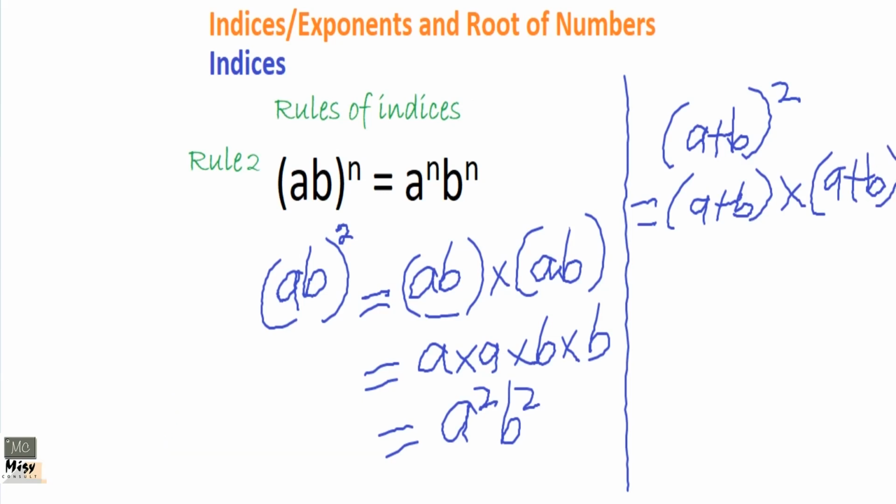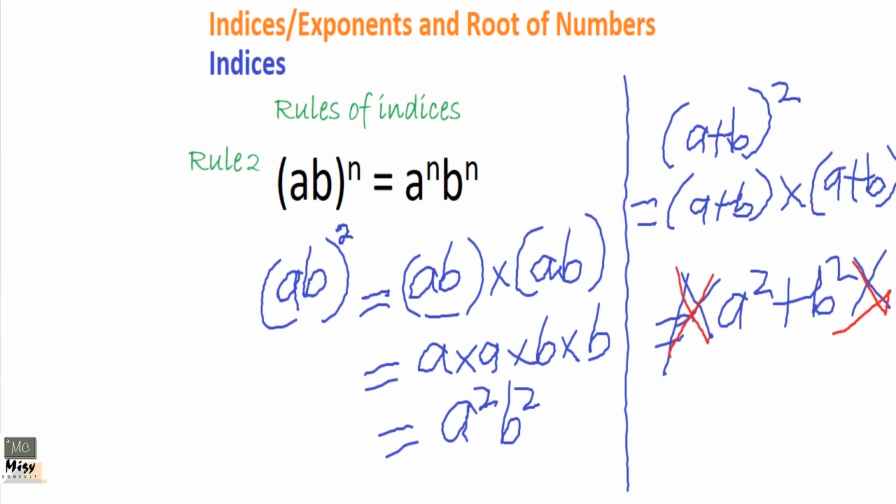So you realize that the answer will be different from if you just put it on top of them. So it is not a squared plus b squared. No, please, it is wrong. This is totally unacceptable. Don't do it. Just expand it the way you were asked to.